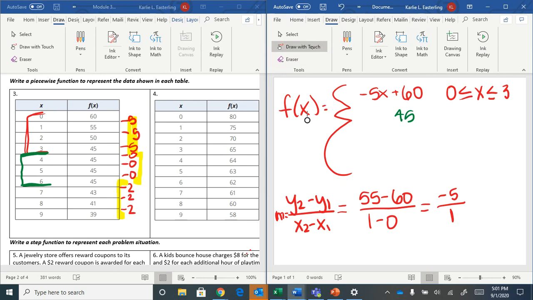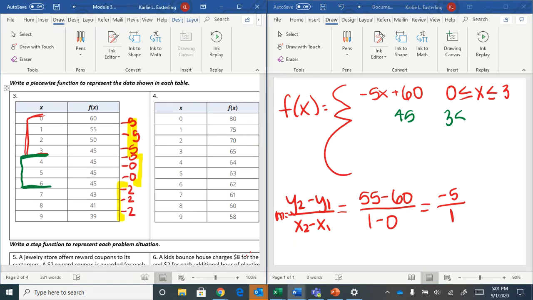But for our domain, we're going to start with 3, but we're not going to include 3. And the reason for that is because to get our third value right here, we subtracted 5, but we need that third value to get our fourth value, fifth value, and sixth value.